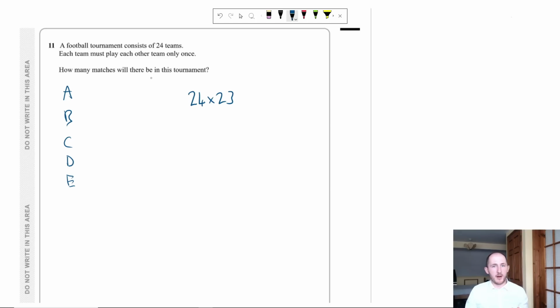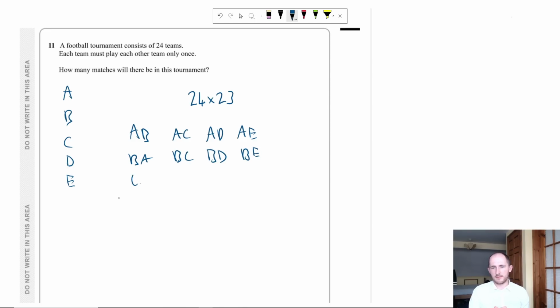But, and this is a big but, each team must play each other only once. So, you know when I said before, A can play B, C, D, and E, and B can play A, C, D, and E? Well, let's actually write out these combinations, right? We have AB, AC, AD, AE. Then we have BA, BC, BD, BE.